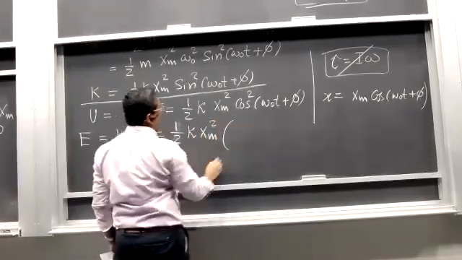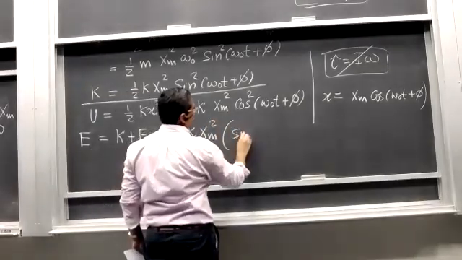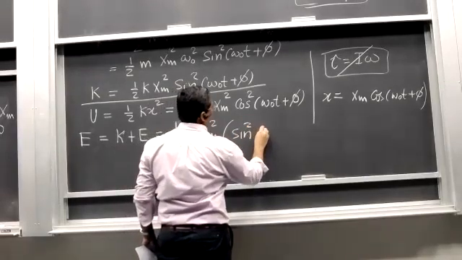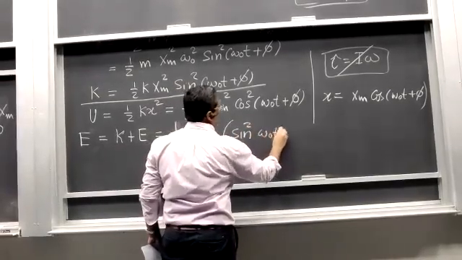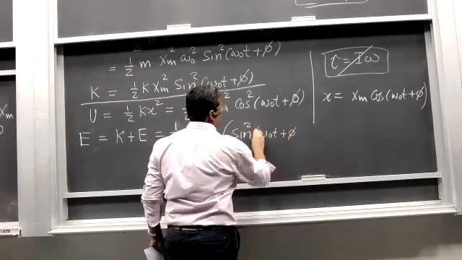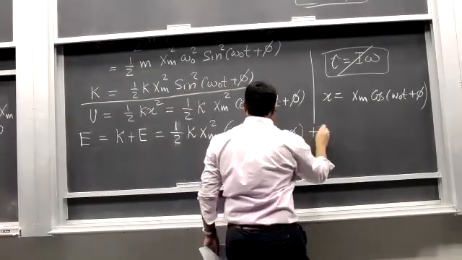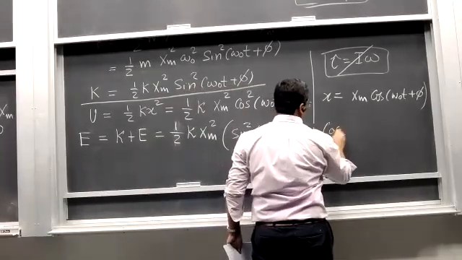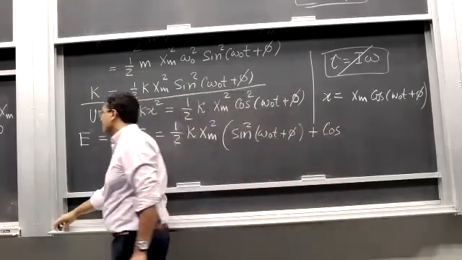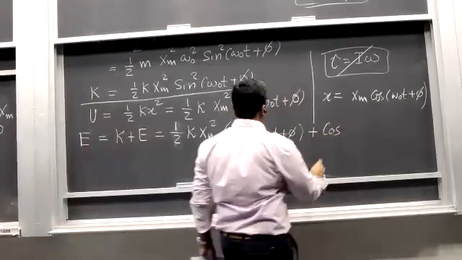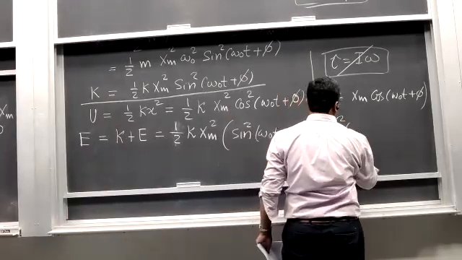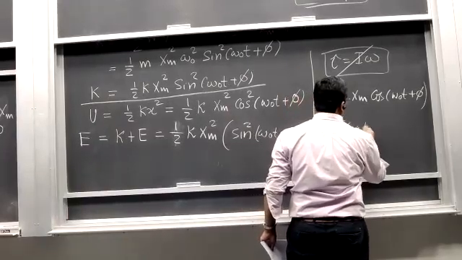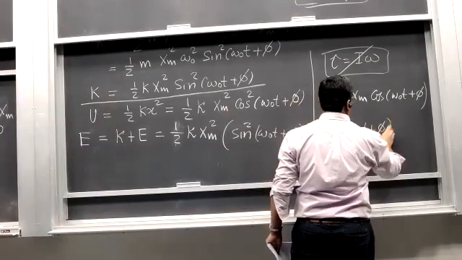I'm just taking this common, and you get sine squared (omega naught t plus phi) plus cosine squared (omega naught t plus phi).